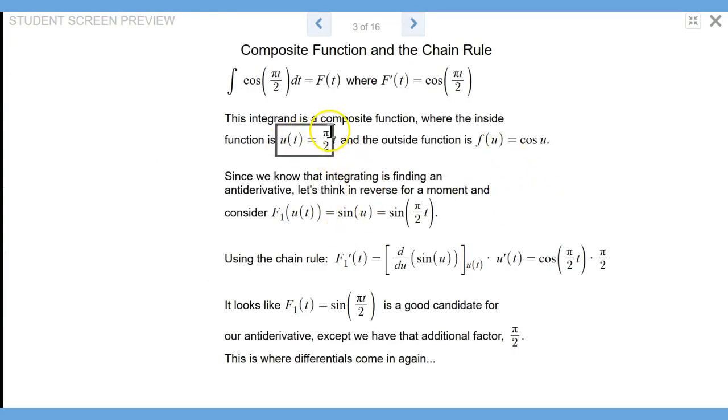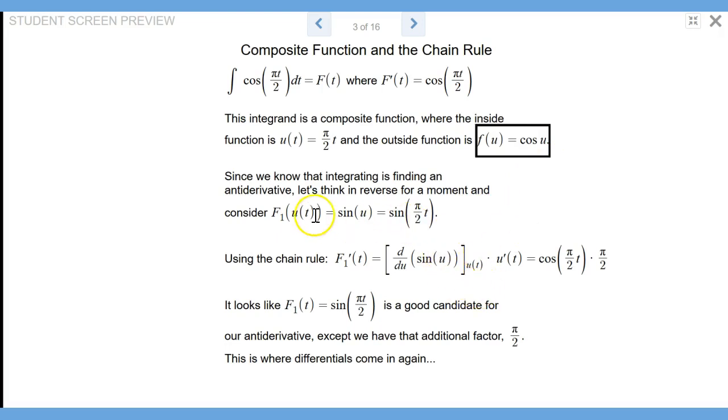So if u is equal to pi over 2t, then my integrand turns into just cosine u, and I know how to find the antiderivative of that. But that means I'm turning that whole integral into something in terms of u. So we can't forget the du, right? That's the differential that's always tacked on to the end of the integral.